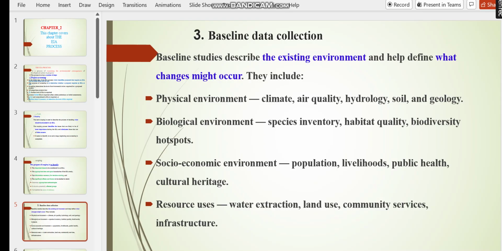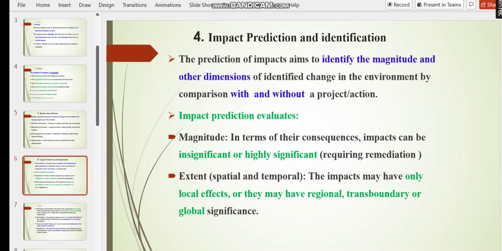This baseline study includes the physical environment such as climate, air quality, hydrology, soil and geology; the biological environment such as species inventory, habitat quality, biodiversity hotspots; and the socio-economic environment, which includes population, livelihood, public health, cultural heritage. And also, resource uses include water extraction and use, community services and infrastructure.